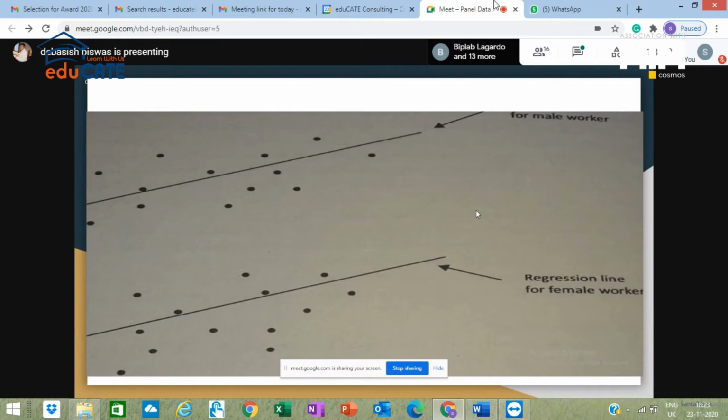Now, what we are observing, the regression line of male worker, this one, is higher than the female worker. So from this graphical representation, we can say that the earnings of the educated male worker are comparatively more than the earnings of female workers.